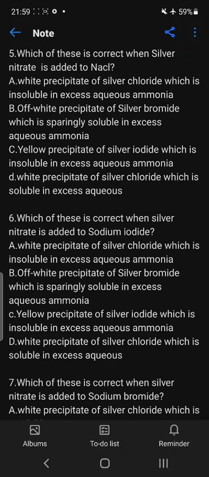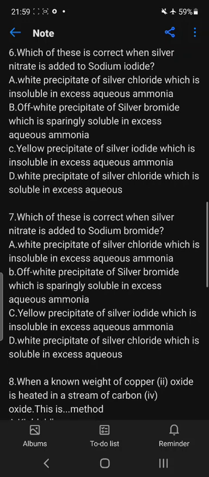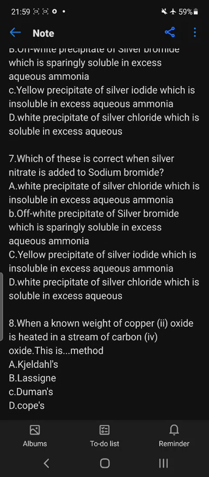So please take note of that. C becomes the answer.